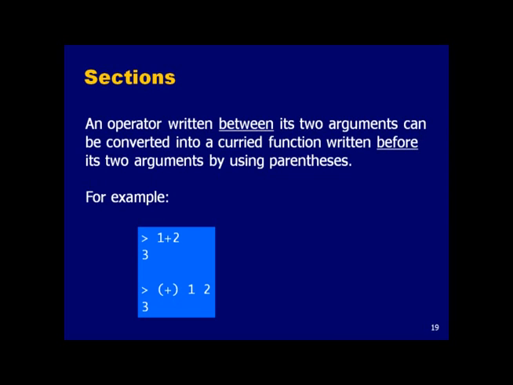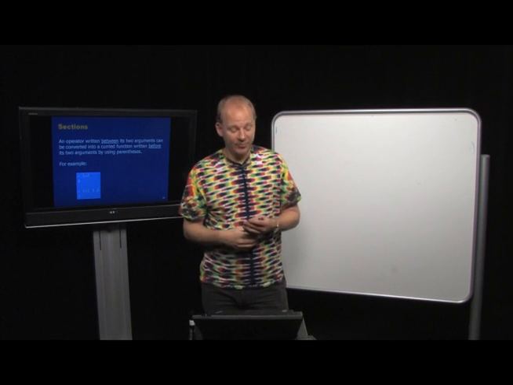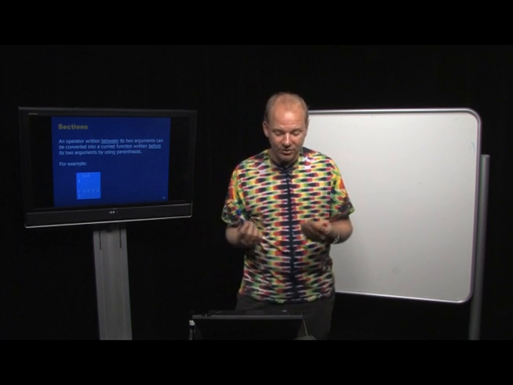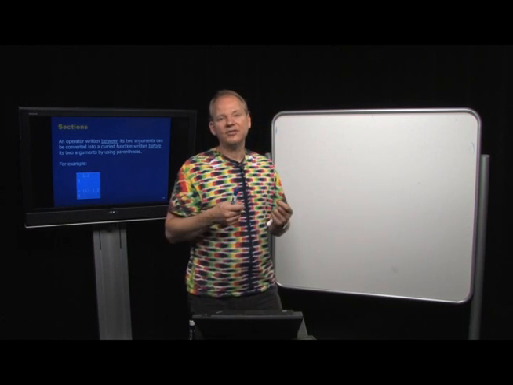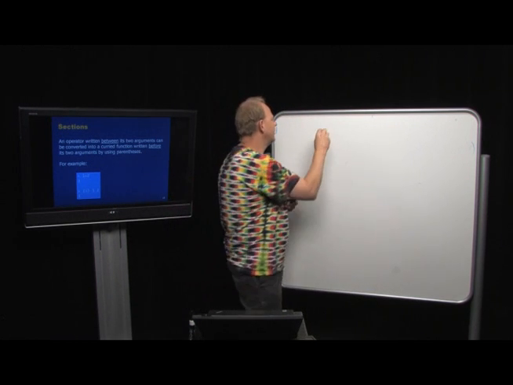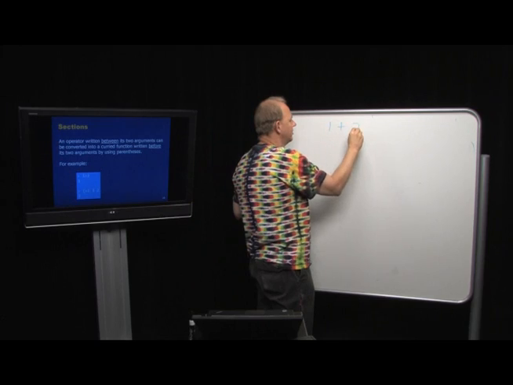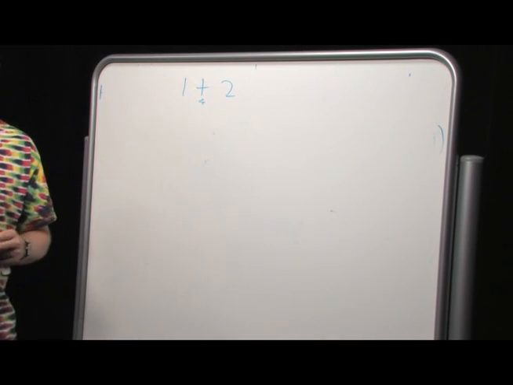All right, so I'm going to close down now with something that I really miss in C# and VB, and that's the notion of a section. In Haskell, whenever you write a binary operator like 1 plus 2, you can easily use that operator as a function. When you write 1 plus 2, you write this as an infix operator.